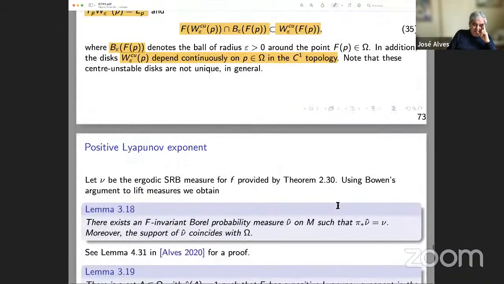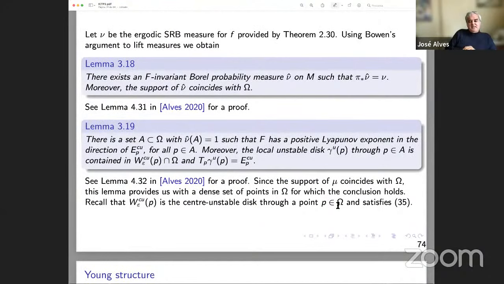So this will be enough to prove that the measure nu, this is the measure we have in the dynamics in the circle, can be lifted to a measure in the solid torus.